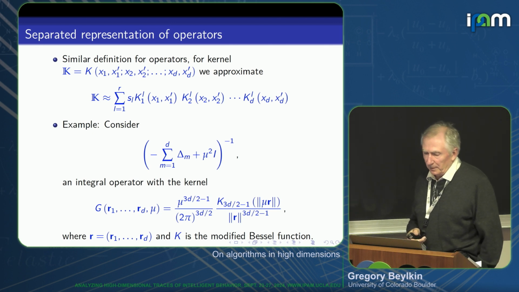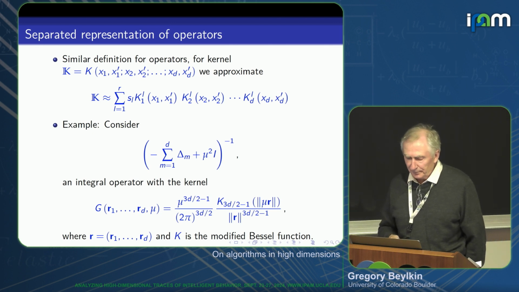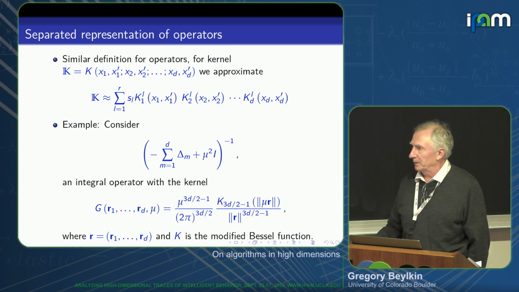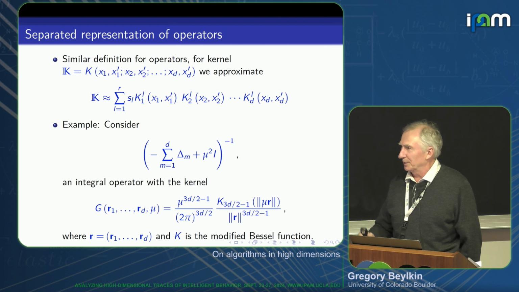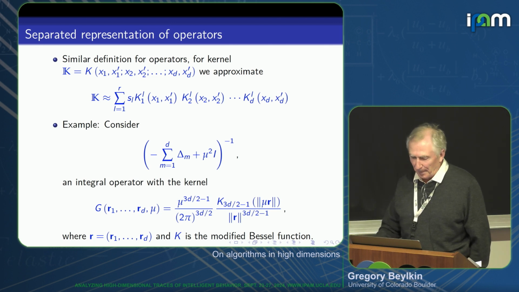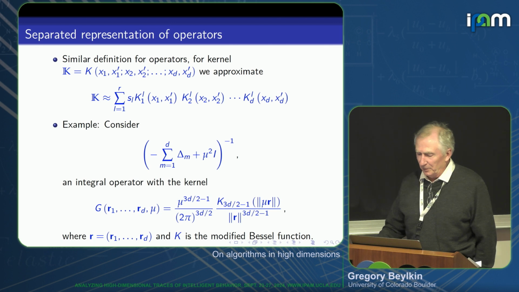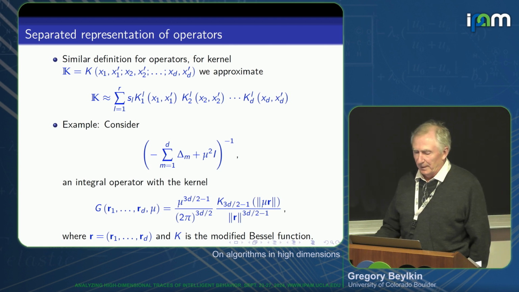And here is an example. You take this operator, sum of Laplacians, and for simplicity, I added something to it so that it's positive definite. And you can compute the exact kernel for this operator.